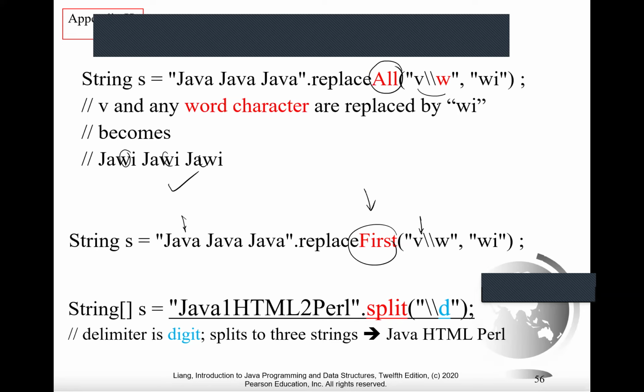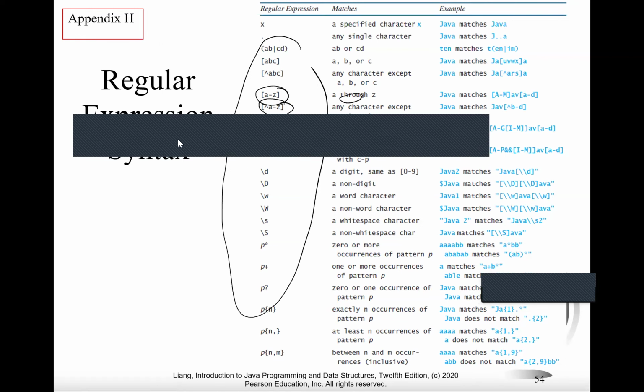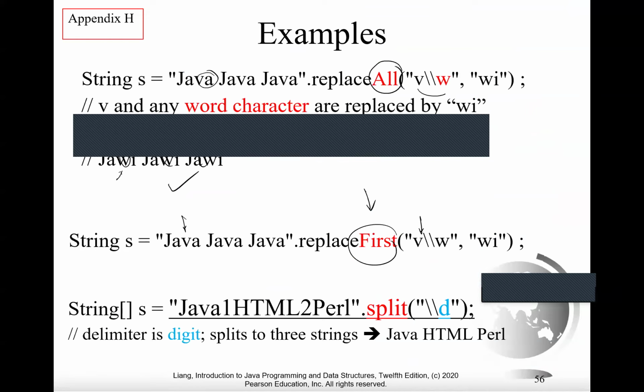V to W. And then he put the V, W, V. It takes two characters here, right? V and any word character replaces it.